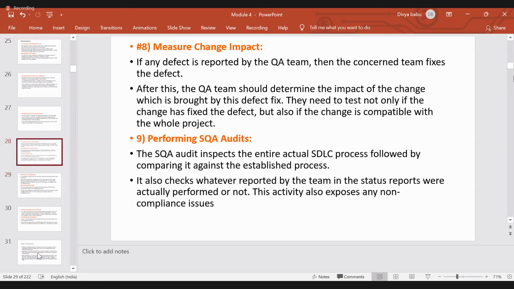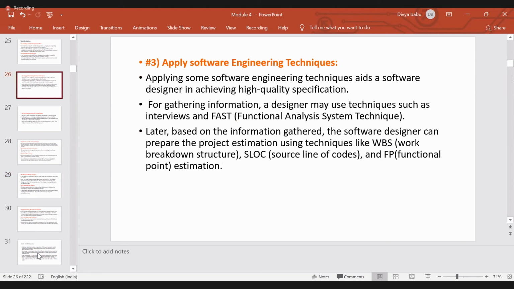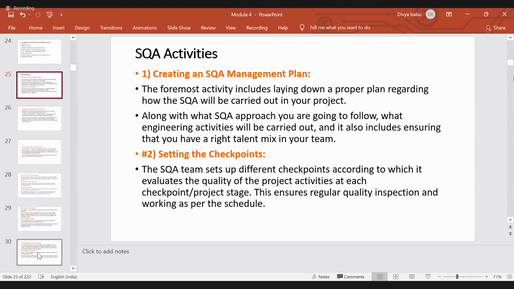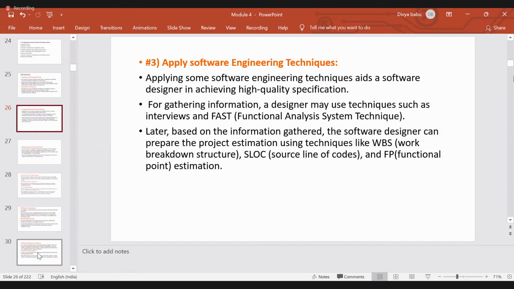These points, when you conduct this software quality assurance activity, you should remember these things. First, you need to create an SQA management plan. Then you fix the checkpoint. And when you fix the checkpoint, you should be very much careful.